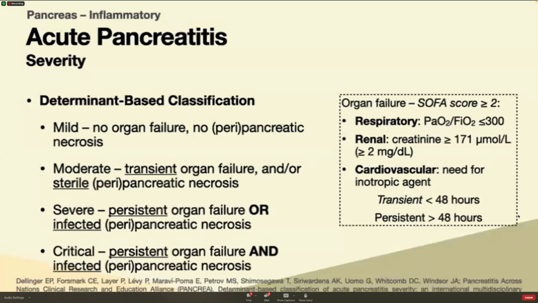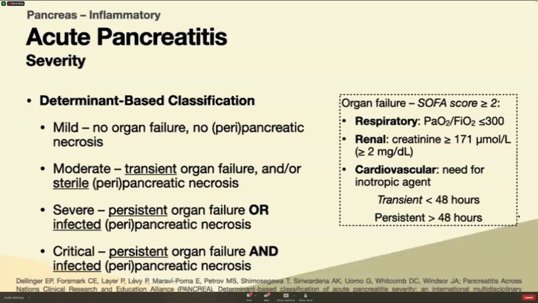For the determinant-based classification, it is somewhat similar. For mild, there is no organ failure and no peripancreatic necrosis. For moderate, there's transient organ failure or sterile pancreatic necrosis. The presence of an infected necrosis automatically classifies the patient as either severe or critical.